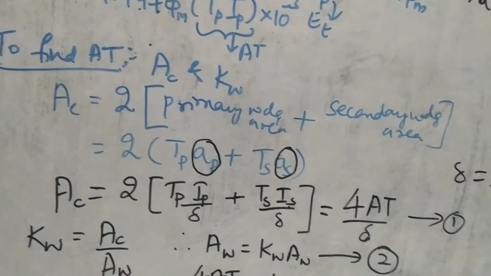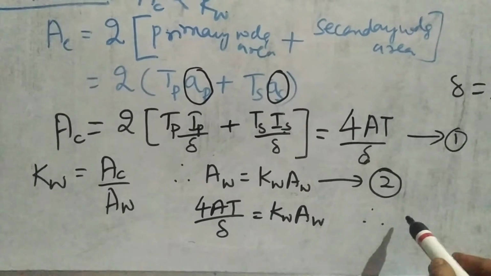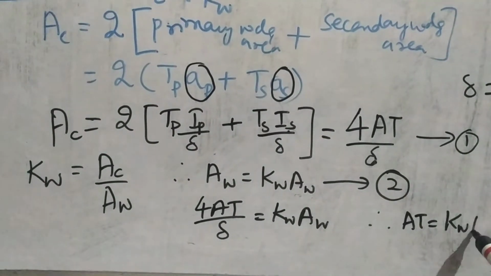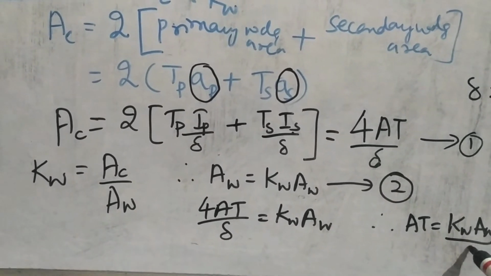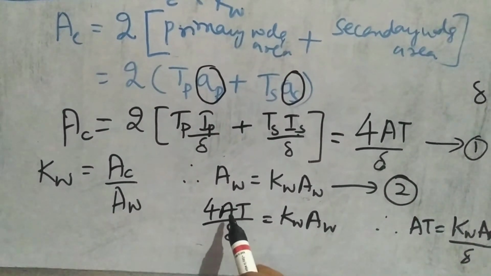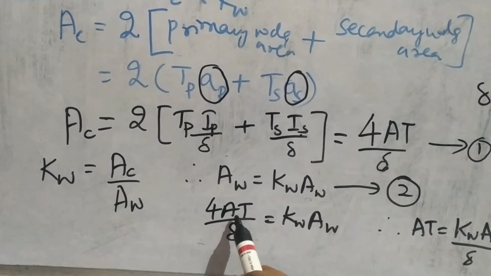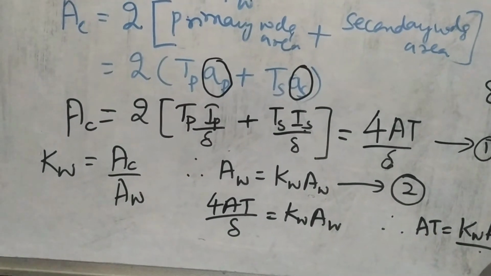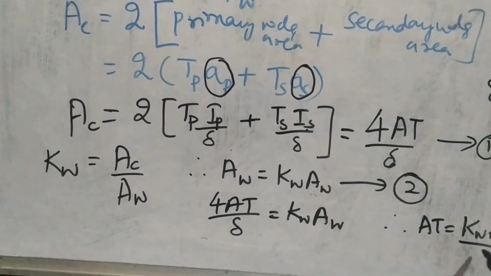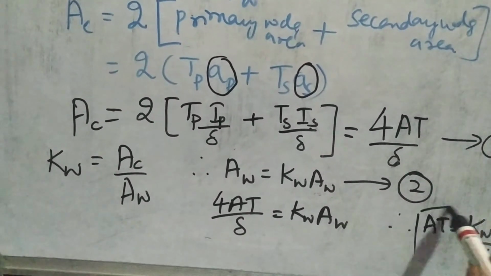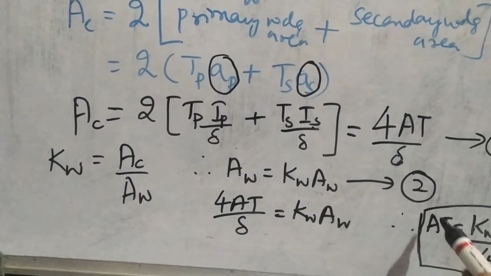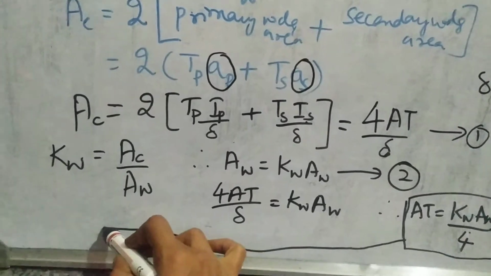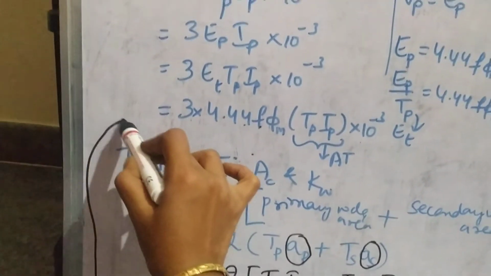Therefore, the ampere turns AT is equal to kW AW into delta divided by 4. We will get this value as the ampere turns. Where do we substitute this? Again, I am going to substitute this ampere turns into the earlier equation.